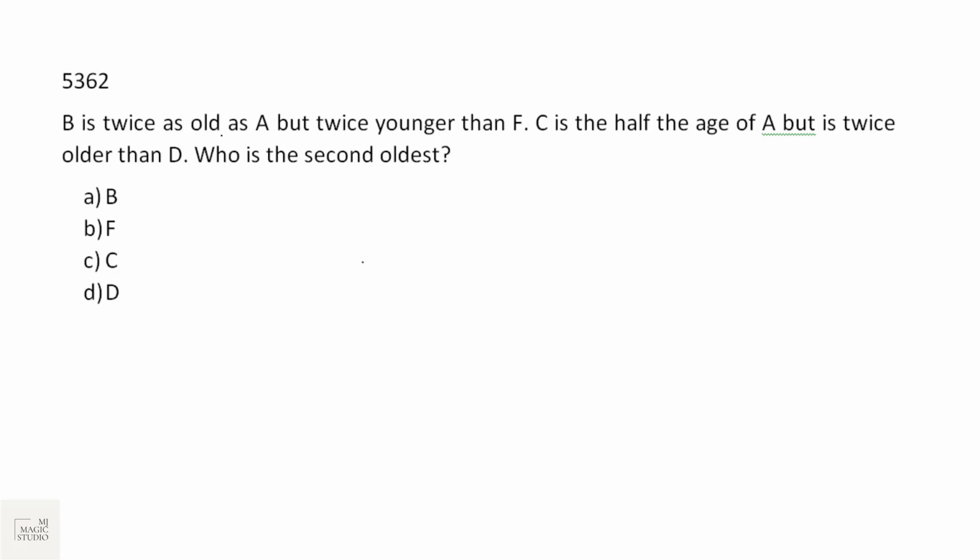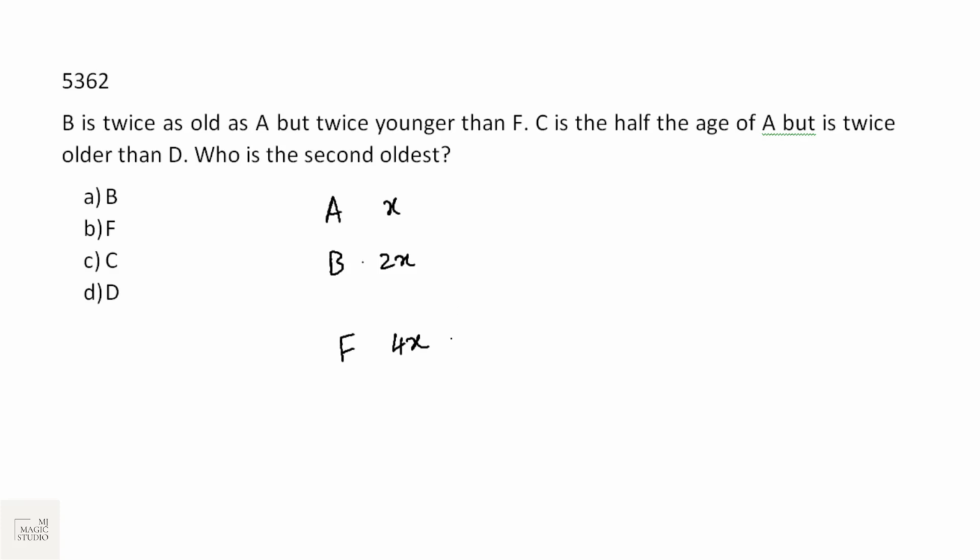B is twice as old as A. So if A is x years old, B is 2x, but twice younger than F, then F is 4x years old.